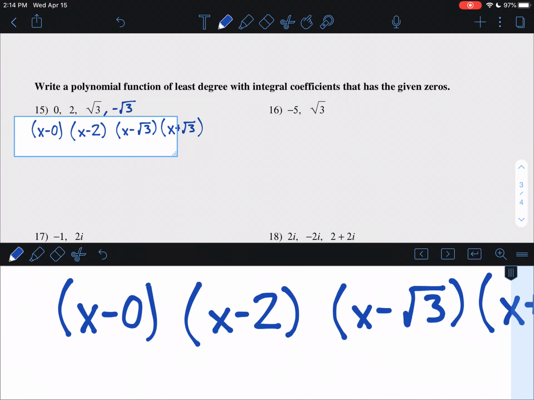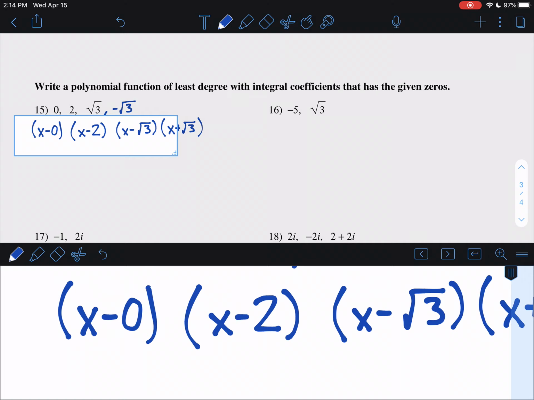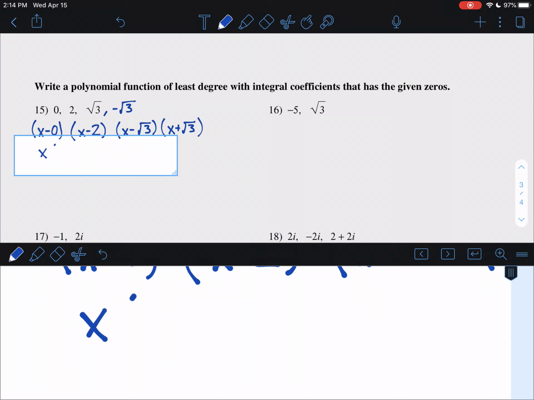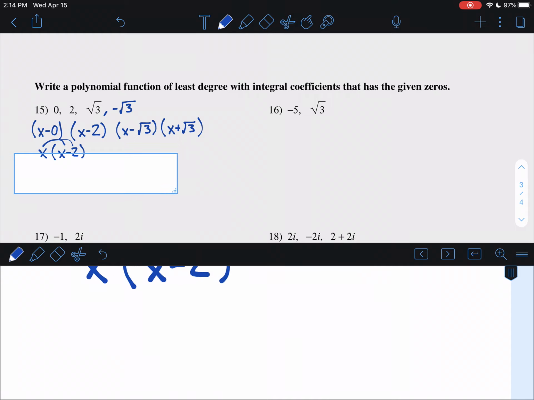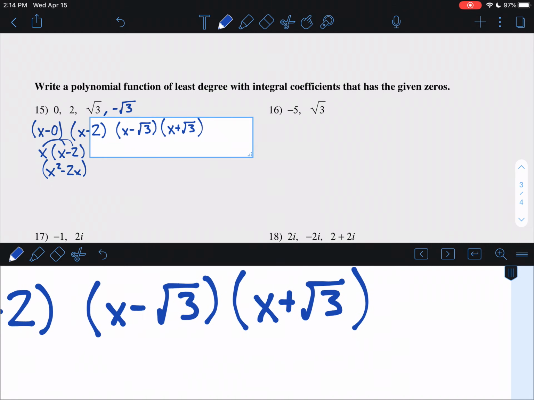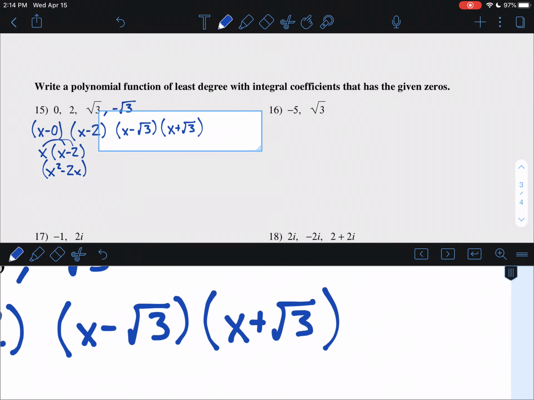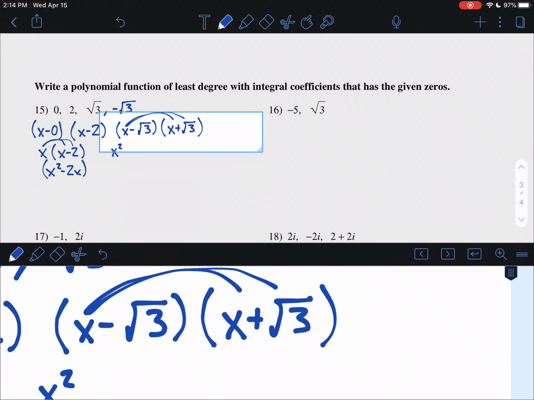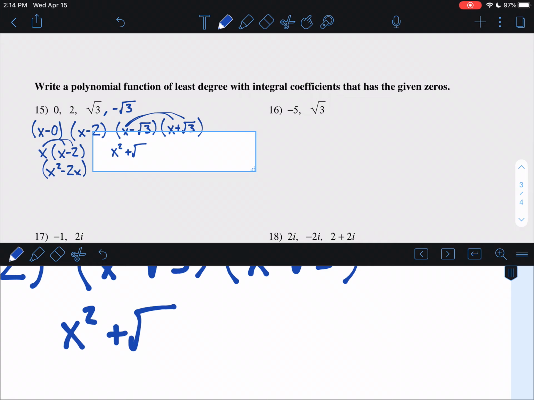So I'm going to multiply 2 factors at a time. I got x minus 0 times x minus 2. X minus 0, I'm just going to rewrite that as x times x minus 2, because x minus 0 is just x. Distribute. And now I have x squared minus 2x. All right, and then I have x minus square root of 3 times x plus square root of 3. Let's see, x times x gives me x squared. X times the square root of 3 is the square root of 3x.